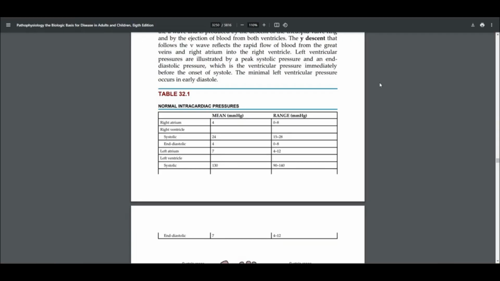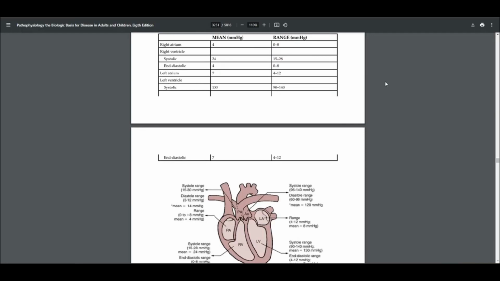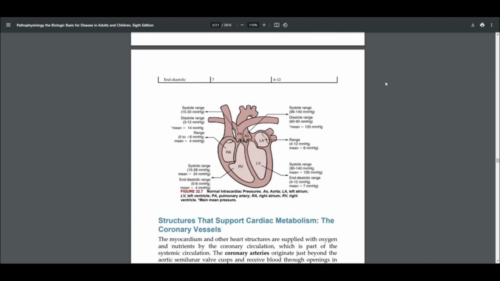With a mean of 130, and the end diastolic is anywhere between 4 and 12 with a mean of 7. But that is not our diastolic blood pressure. So this is just the pressure within the heart.